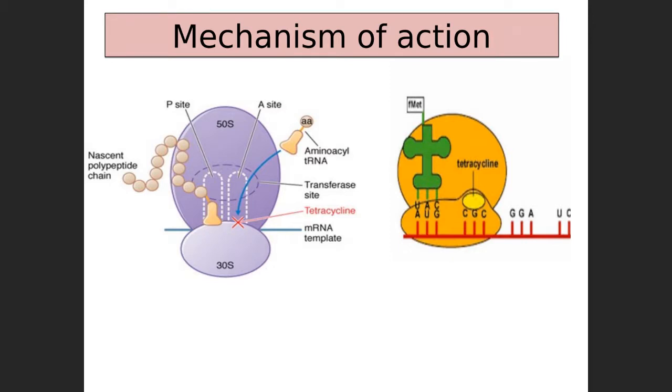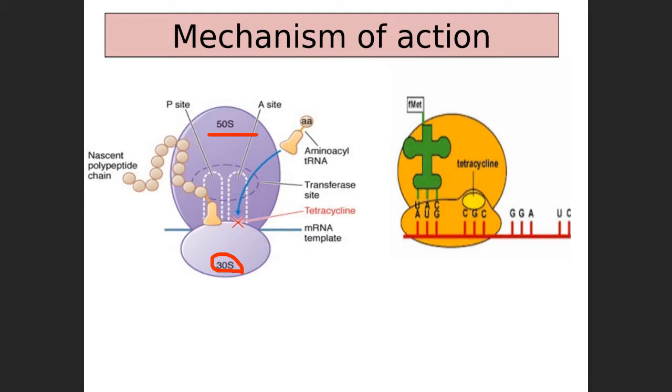As you all know, the ribosome has two subunits, the 50S subunit and the 30S subunit. These tetracyclines bind to the 30S subunit of the ribosome and they inhibit the formation of proteins.